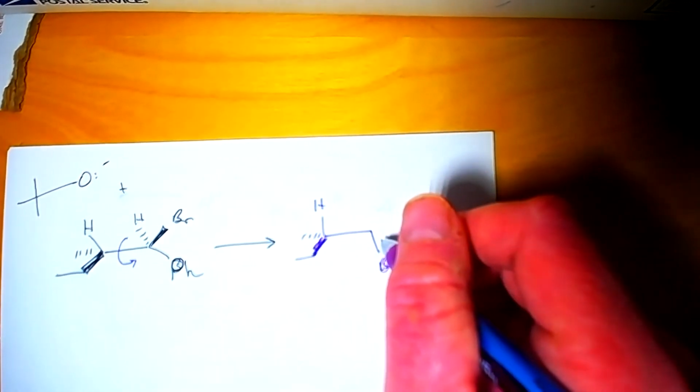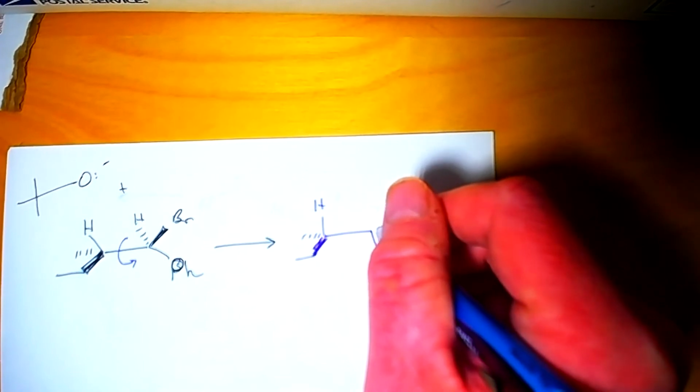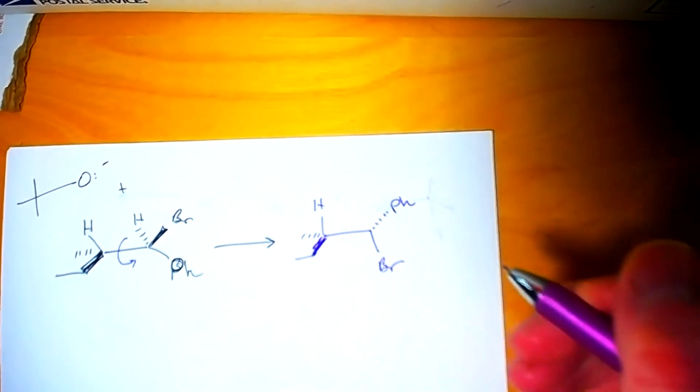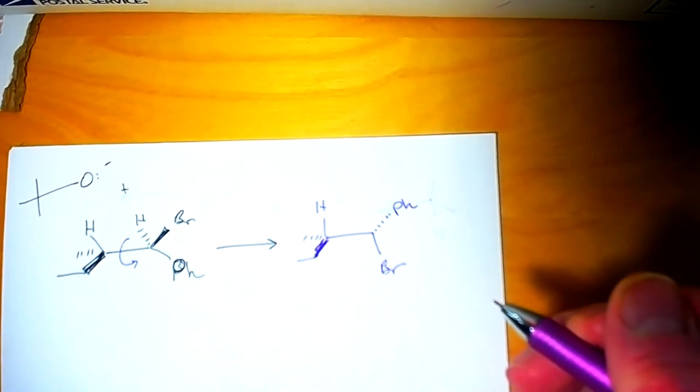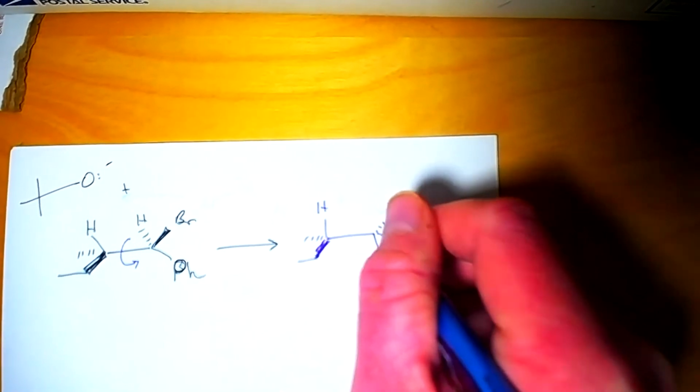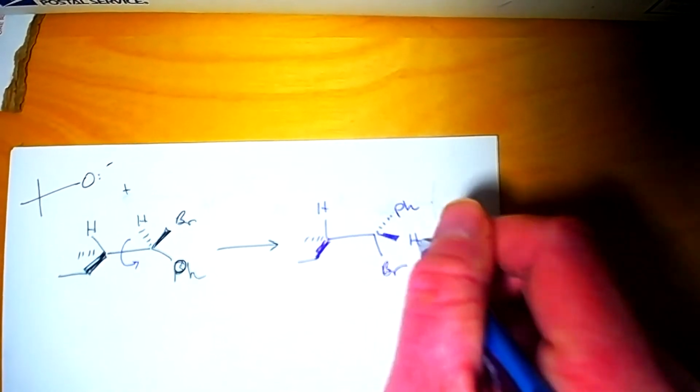But what that does is, when you rotate it like that, that's going to rotate the benzene ring, the phenyl group, so that it is now dashed back. And that hydrogen atom is now going to be wedged up.